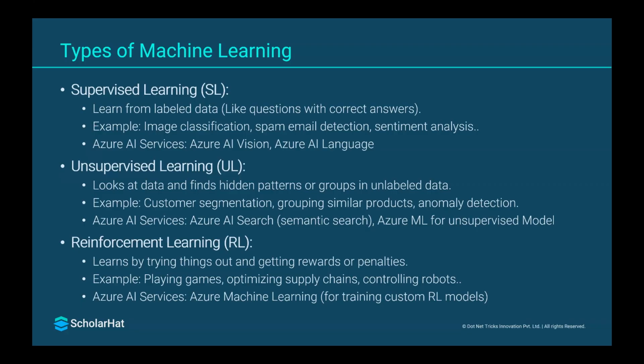If you're looking for an example for reinforcement learning here, Azure Machine Learning is an example where we can define a custom machine learning model for doing such things. Mainly in core data science, we have unsupervised learning and reinforcement learning, where you create the things yourself.